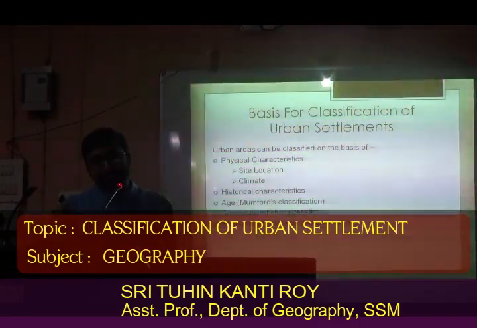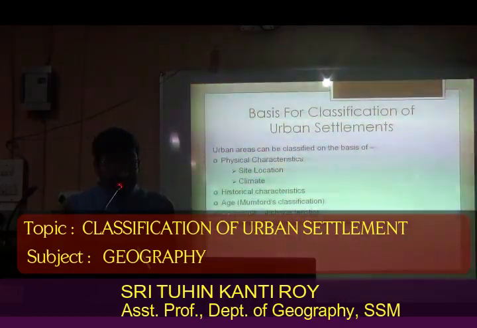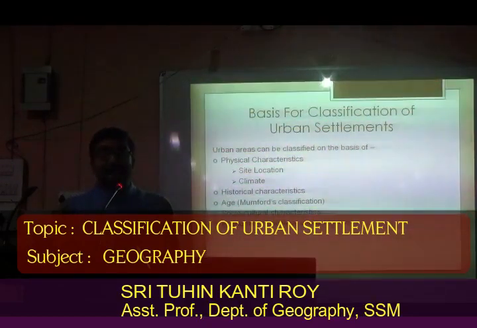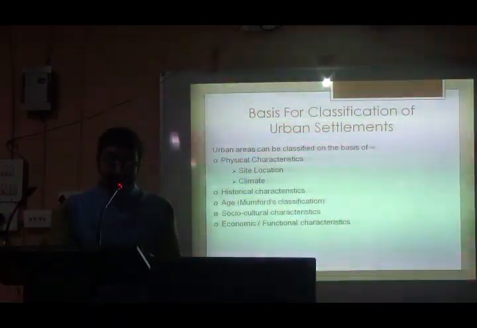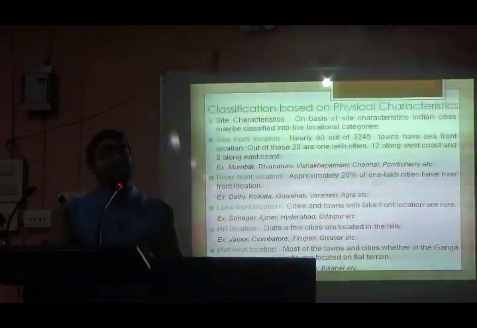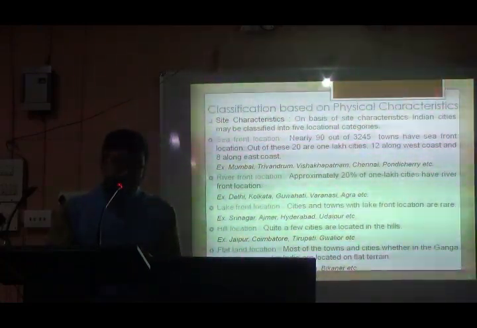Historical characteristics of a settlement. There is another characteristic which was suggested by Louis Mumford, that is the age of settlement. Other characteristic features to classify settlements are the socio-cultural characteristics, and economic or functional features.